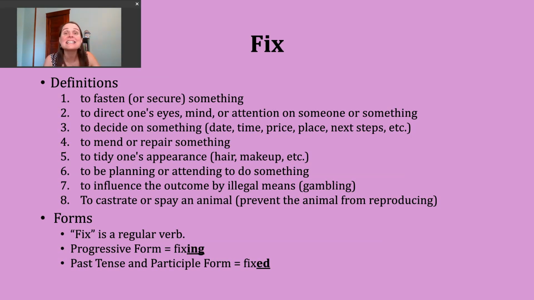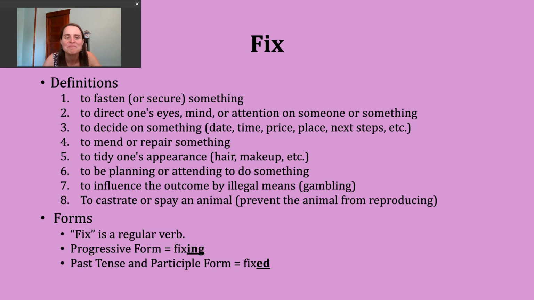Okay. A seventh way the verb fix gets used is to mean to influence the outcome by illegal means. So this definition is going to be most connected to gambling. So there are many instances where players or teams, officials have been paid so that there will be a certain outcome. And so we would describe that situation as the game has been fixed. Right? It has been influenced most of the time.